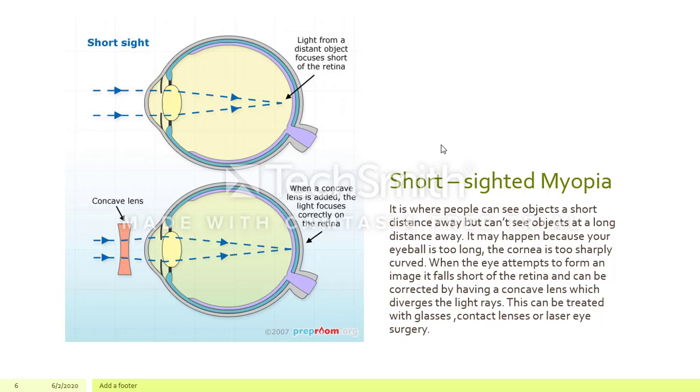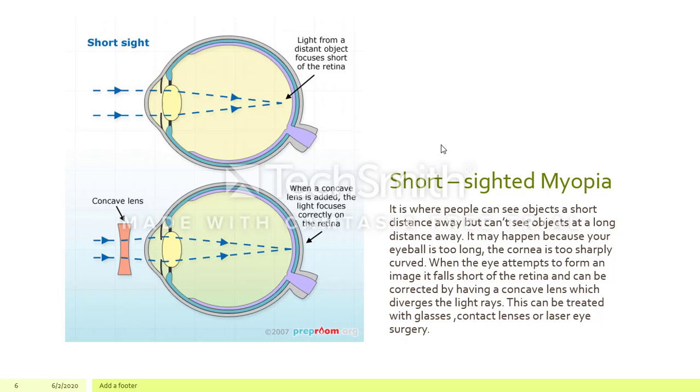short-sightedness, myopia, which is one of the two reasons why people wear glasses. Short-sightedness is where people can see objects at a short distance but not far away, because the cornea is shaped too curved, so the image falls in front of the retina, which doesn't let us see.